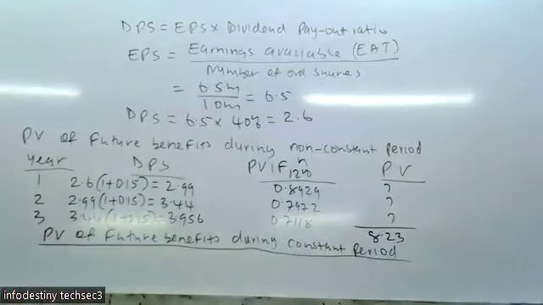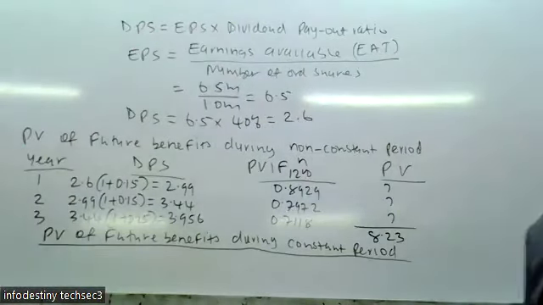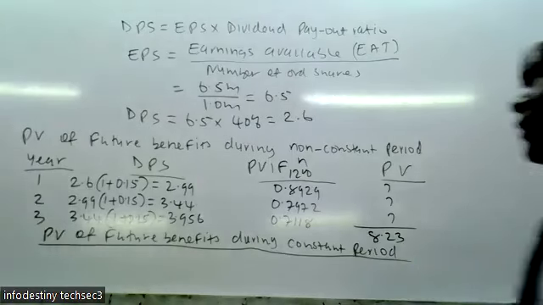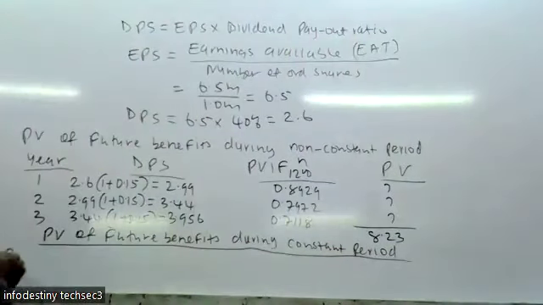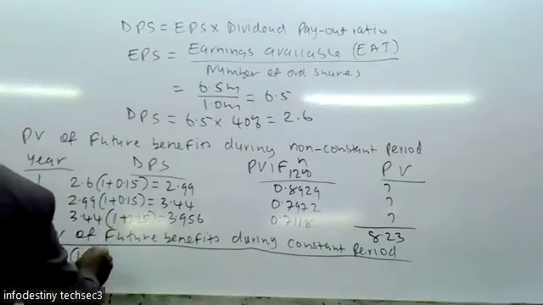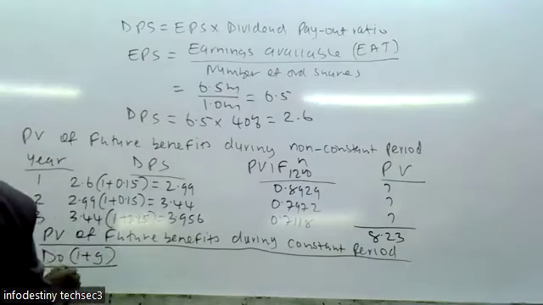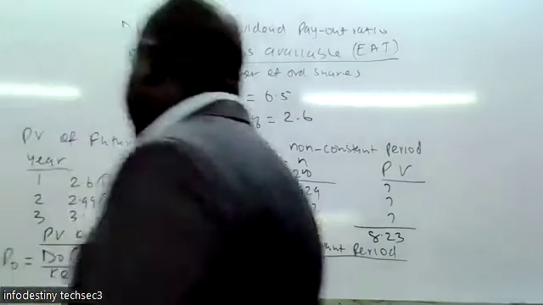So let us also compute the present value of the future benefits during the constant period. During the constant period, I gave you the formula that P0 should be given by D0 (1 plus g) divided by Ke minus g.